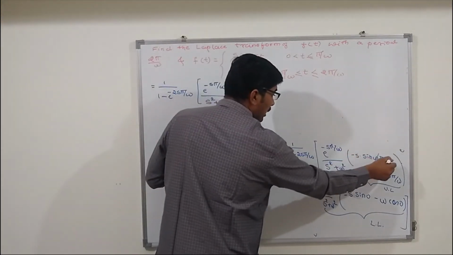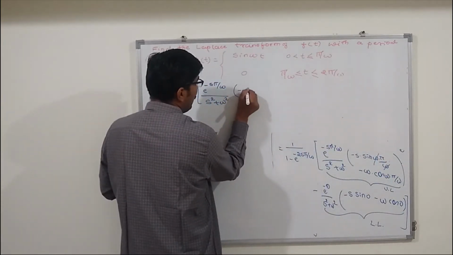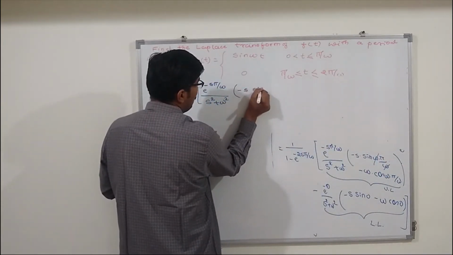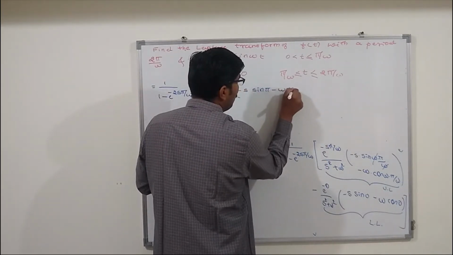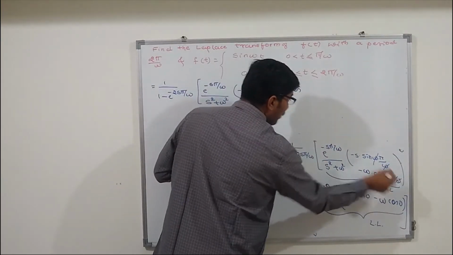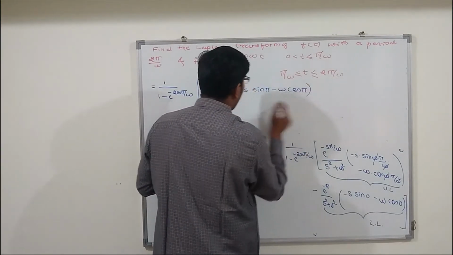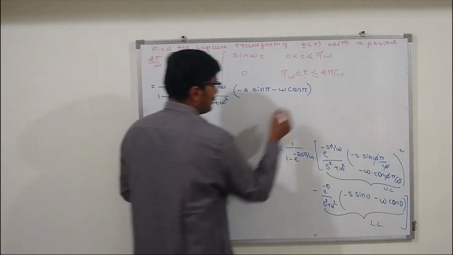Here this omega and omega cancel, we are left with minus s sine pi, minus omega into cos. Here also omega and omega cancel, you will get pi. This is the upper limit simplification.